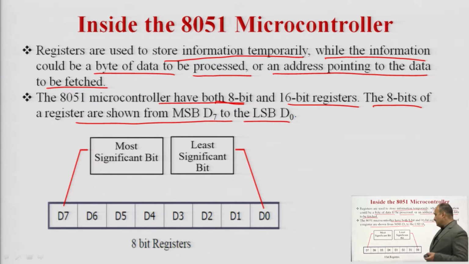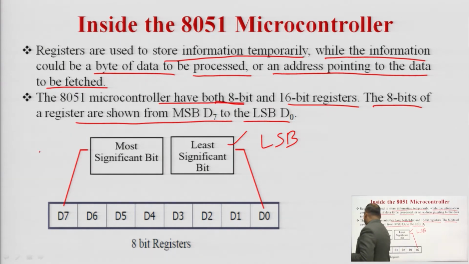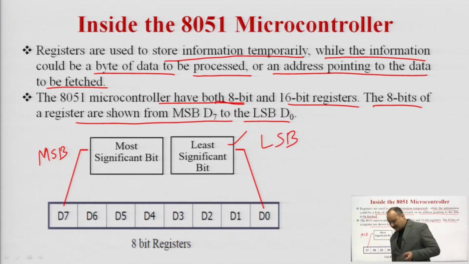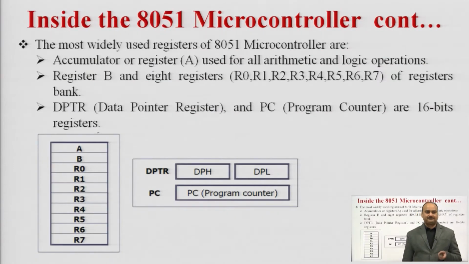Out of these, D0 is called the least significant bit, LSB, and D7 is called the most significant bit, MSB. A register is used to temporarily store data, and also to store the address with the help of which we can fetch the data or operand.